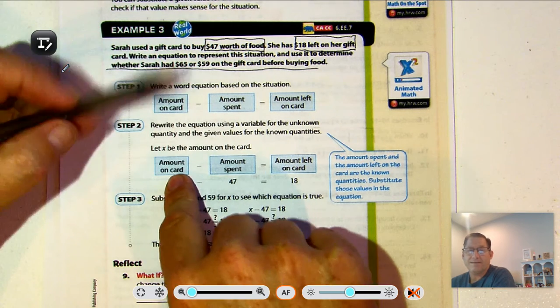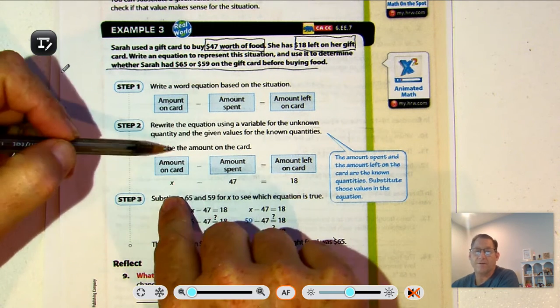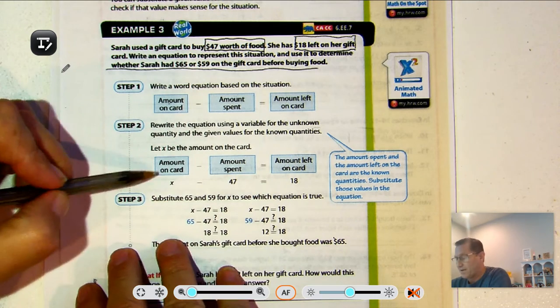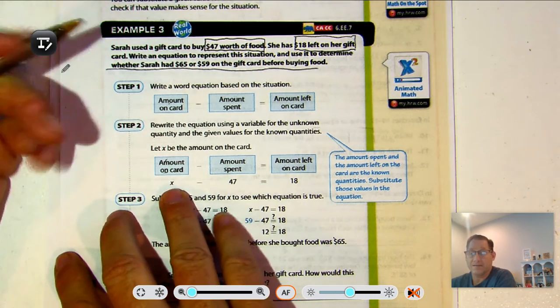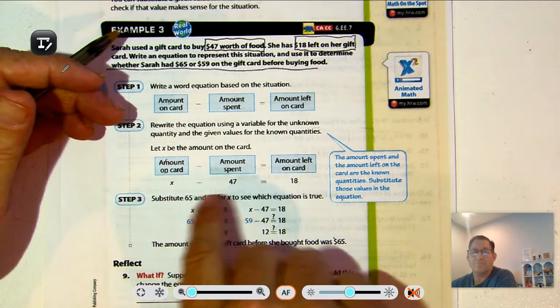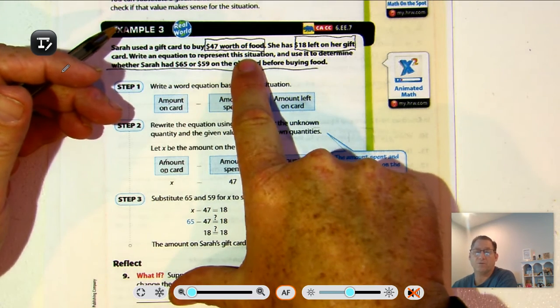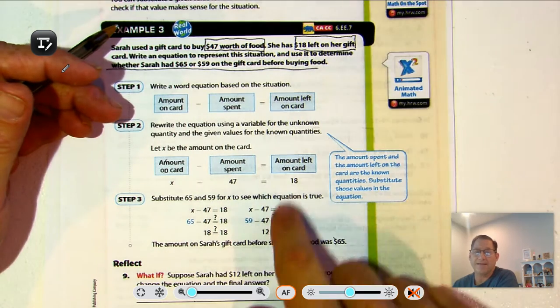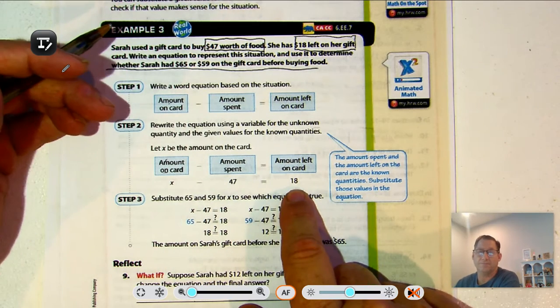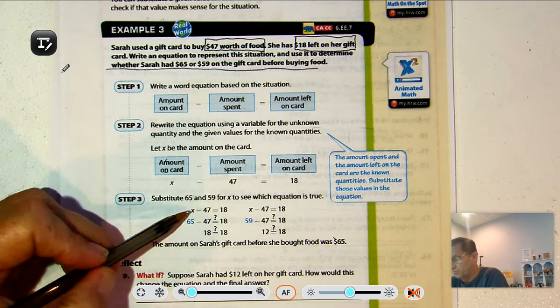So we're going to rewrite the equation with variables and the numbers now. So the amount on the card, that's what we have to find out. So that's the unknown, X, minus 47. They told us she spent $47 worth of food, and they told us that there was $18 left on the card. All right, well, now we'll write our equation.